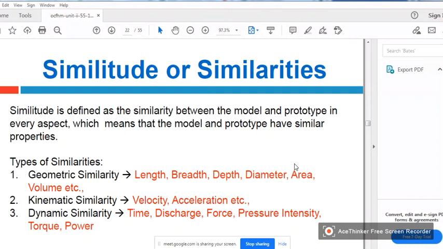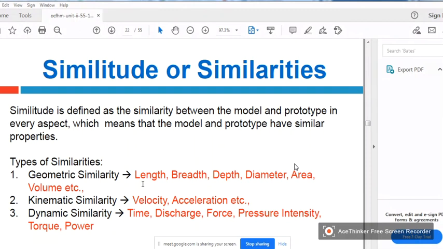Say geometric similarity means the length of the prototype divided by the length of the model is equal to the breadth of the prototype divided by the breadth of the model. If that holds, then it is called geometric similarity. Similarly, kinematic similarity means the velocity of the prototype divided by the velocity of the model is equal to the acceleration of the prototype divided by the acceleration of the model.